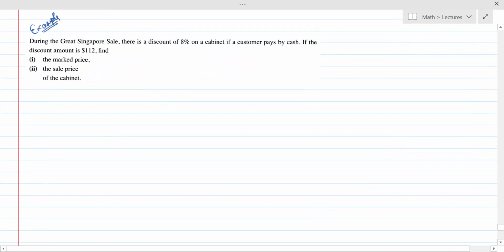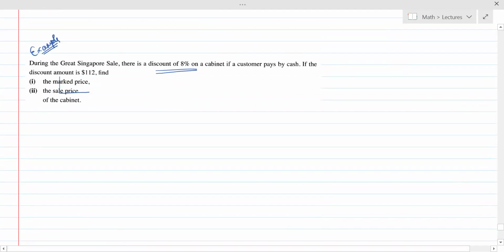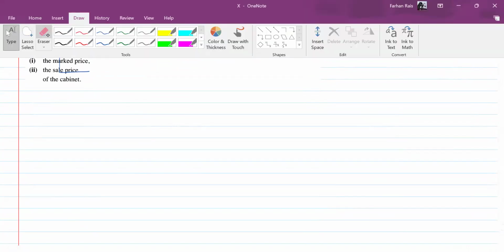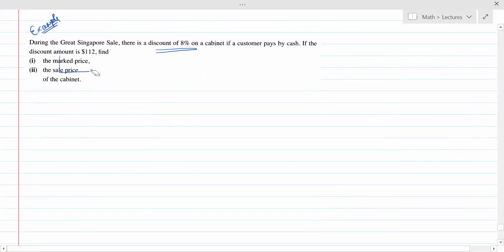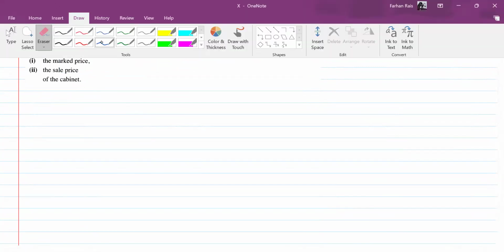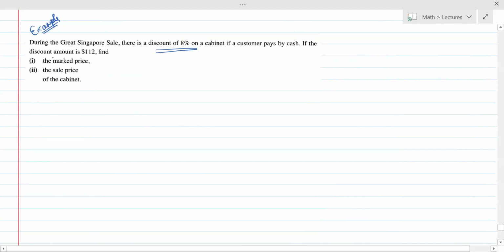During the Great Singapore Sale, there is a discount of 8% on a cabinet if a customer pays by cash. If the discount amount is 112, find the mark price.